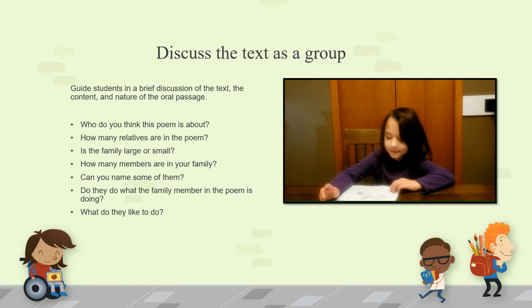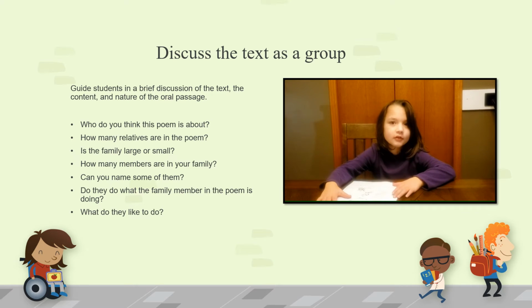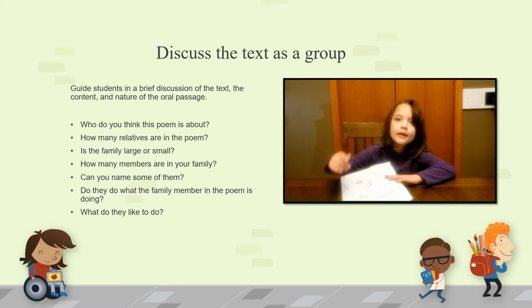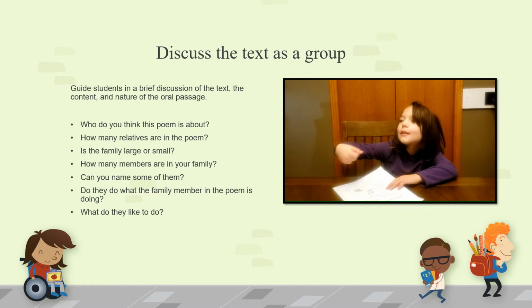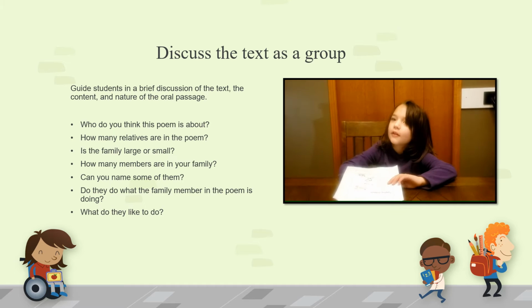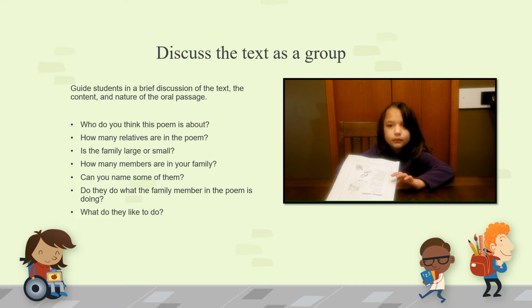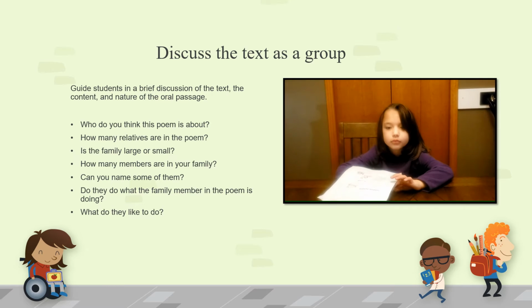Twelve? Yeah? How many family members do you have? 5. Yeah? Who are your family members? You, me, Dad, people. Wow, okay. So on here, do you see the same as your family members?